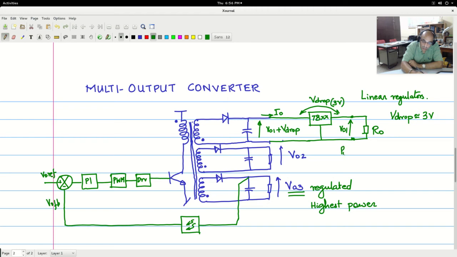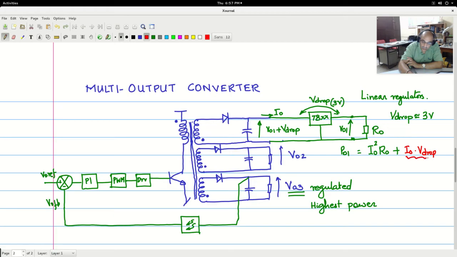So P01 has to handle I0 square R0 plus I0 into V drop.